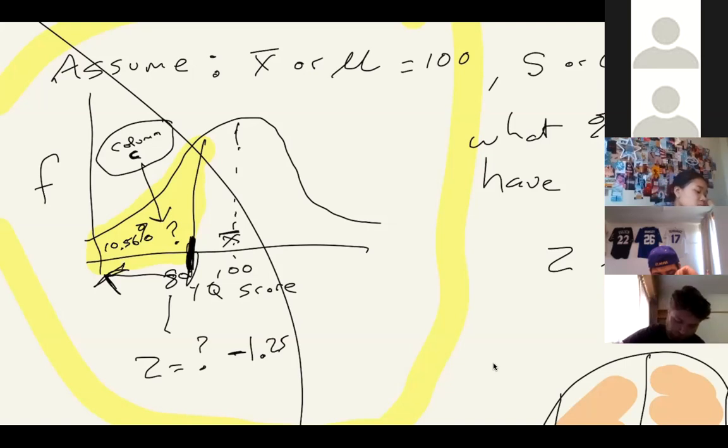So you say the percentile rank of an IQ of 80 is 0.1056. Just grab it off the table. Or if you want to round it, give it 0.11. So percentile rank just refers to the percentage of people who scored below a certain score, like 80.